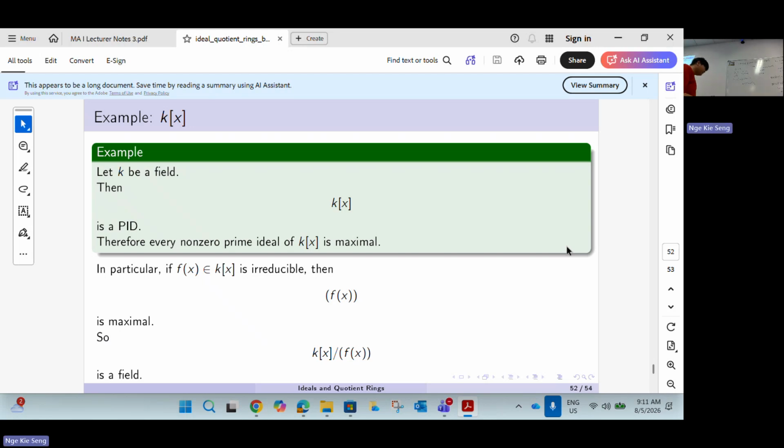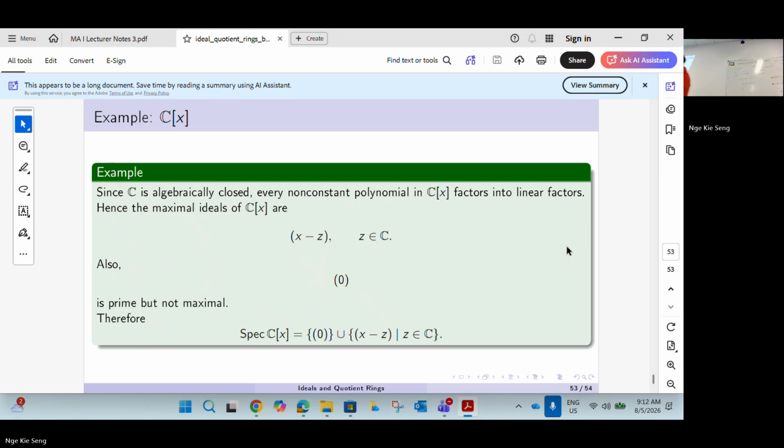But this polynomial ring is very similar to Z. If you generate by a polynomial that is irreducible, then you cannot factorize it, and so it is a maximal ideal. You can think like this.